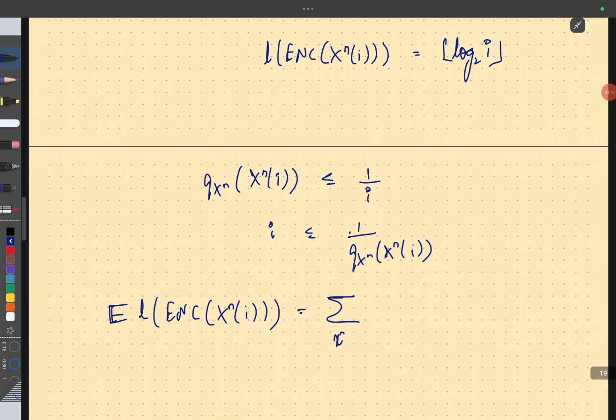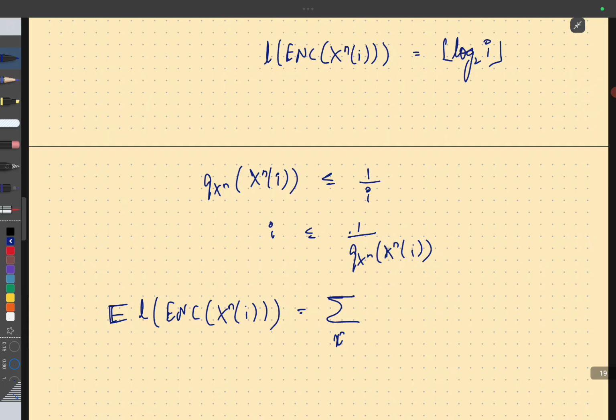Summation over all xn of... The expectation is taken over distribution P. Correct.